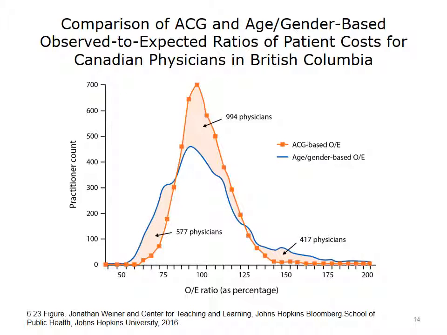The net result is that by considering the risk scores of the doctor's patients rather than just their age and gender, a much smaller number of doctors are considered outliers, that is, well below or above average. The doctors in the province and the program administrators were pleased by this, as fewer doctors were flagged and visited as being potentially inappropriate low or high resource use outliers.